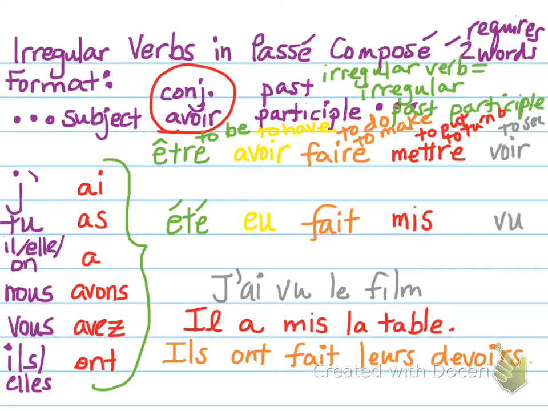If I want to say that I had a steak, let's not make it I, let's make it we had some steak. Nous avons eu des steaks.